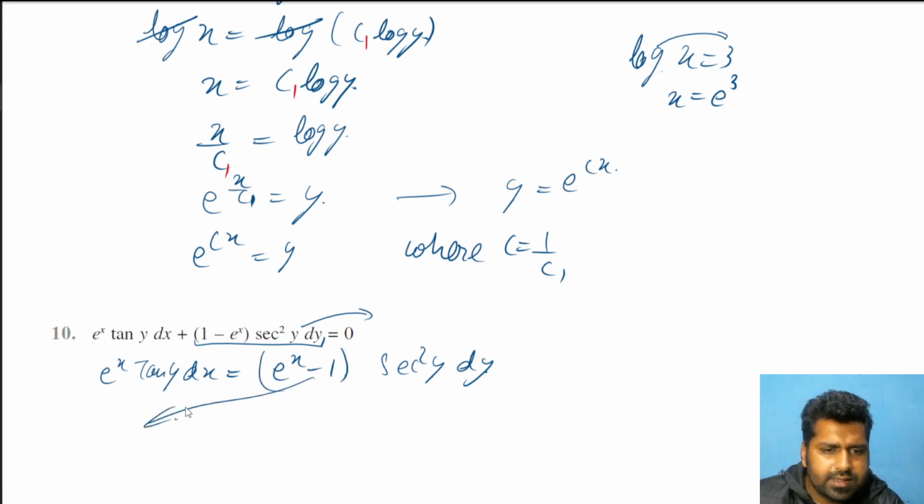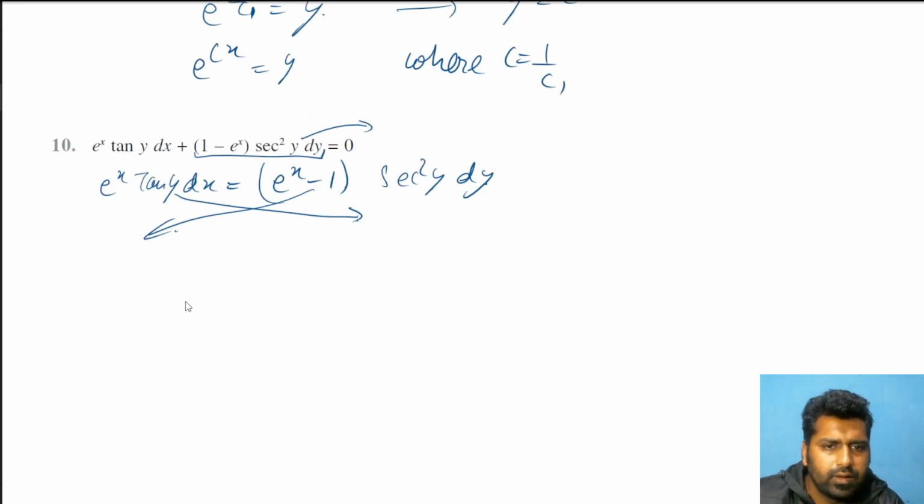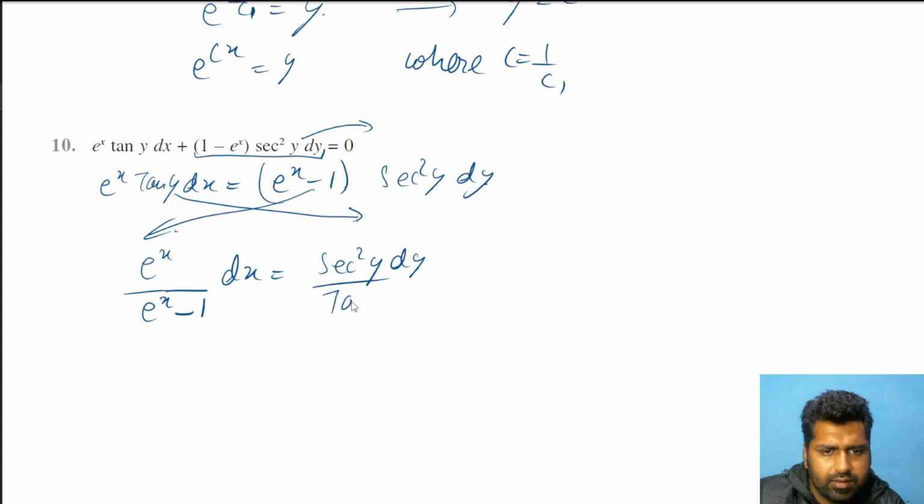Now take this in the denominator with dx, take y here. This becomes e raised to power x upon e raised to power x minus 1 dx is equal to sec square y dy upon tan y. Integrate.